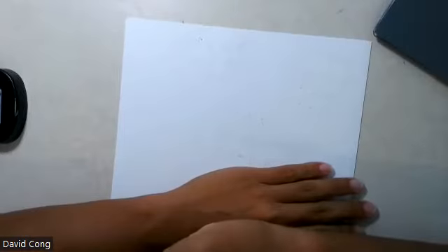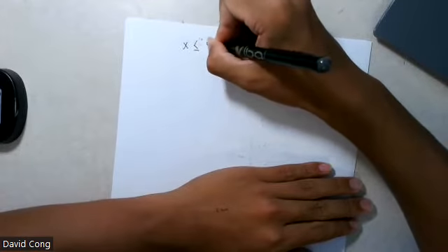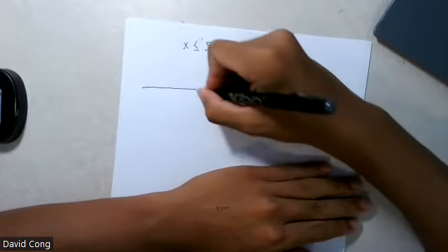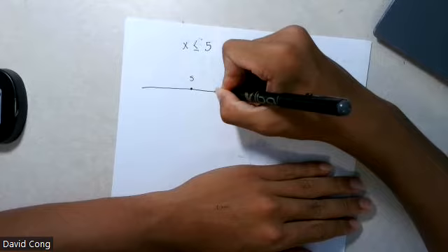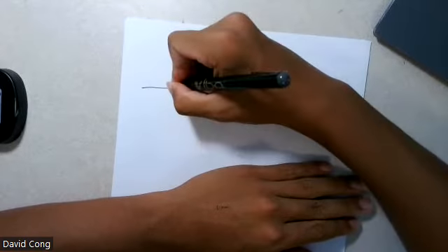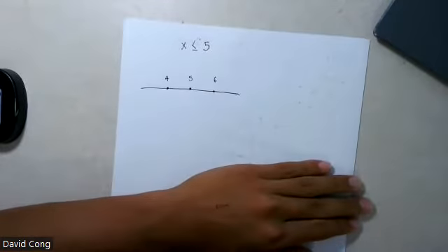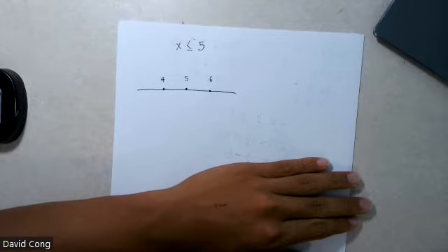So after we did all that math, say we're left with x. We take a number line. Let's just call this 5, 6, and it just moves on. So x is less than or equal to 5.